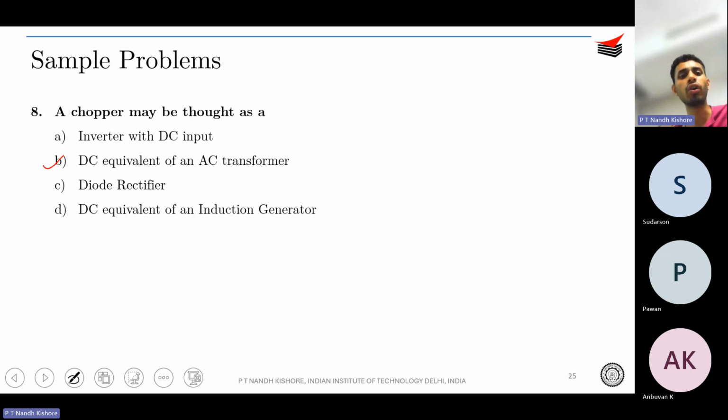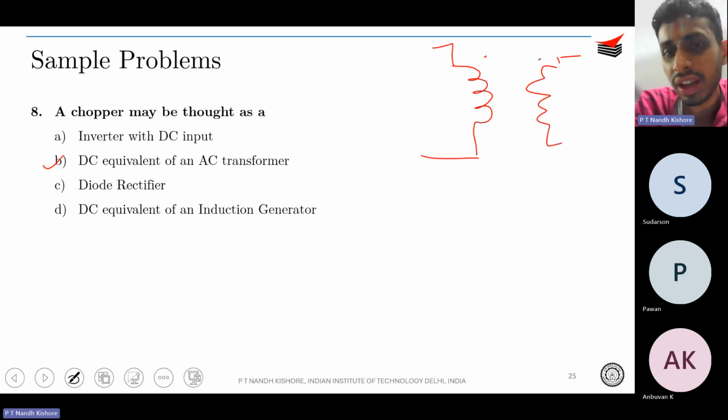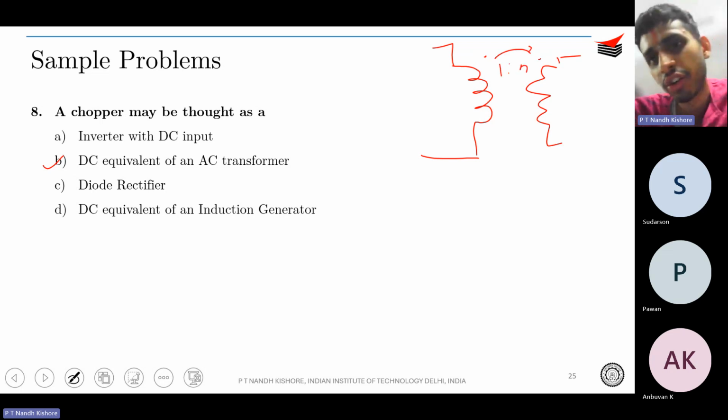Correct. Why? What your AC transformer essentially does is step up or step down based on the turns ratio, 1 is to K or K is to 1, or whatever may be your convention. It basically steps down or steps up your voltage, right?